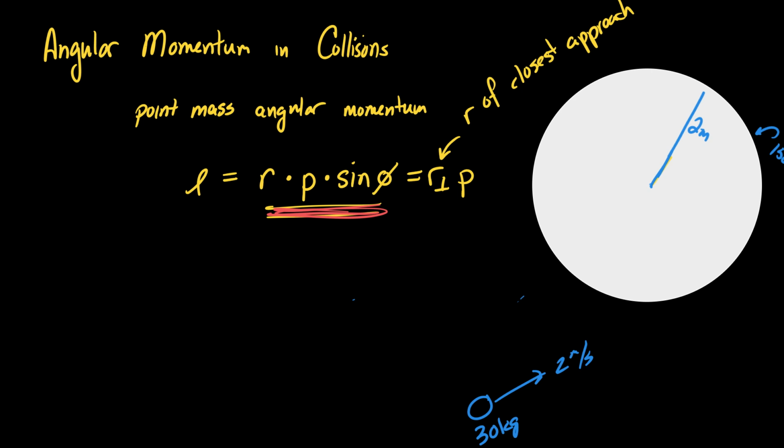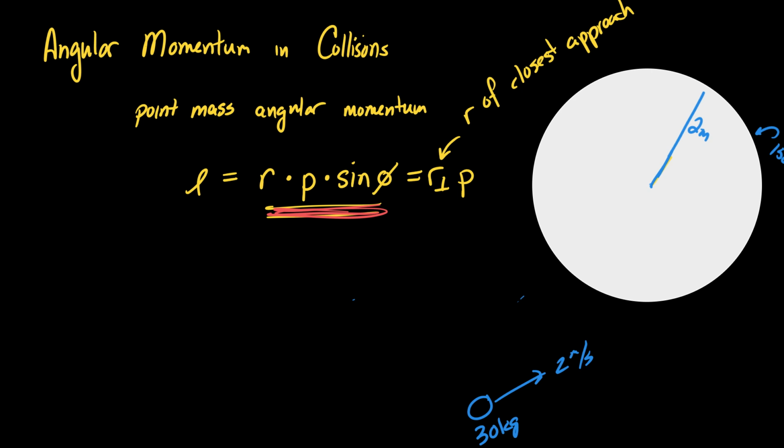Okay. This is a conservation of angular momentum question. It's a collision between the kid and the merry-go-round. In fact, it has the same name as the collisions we talked about before. This is a perfectly inelastic collision because the kid joins the merry-go-round and stays on it.